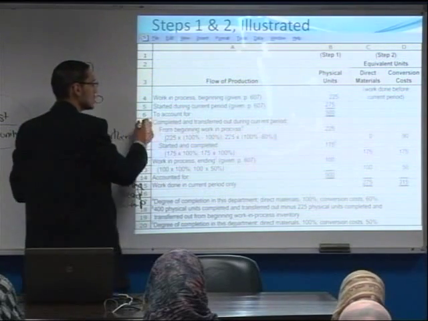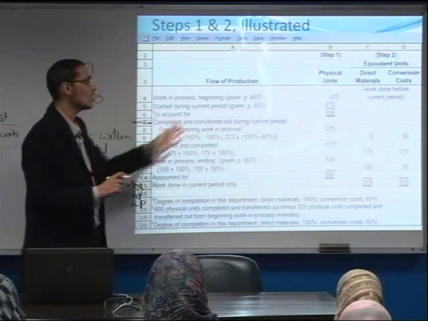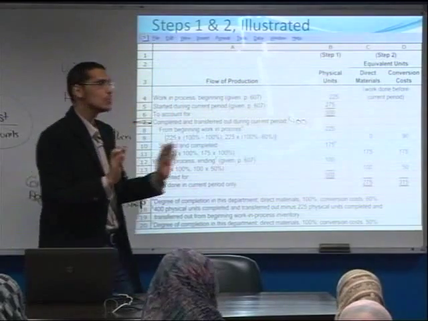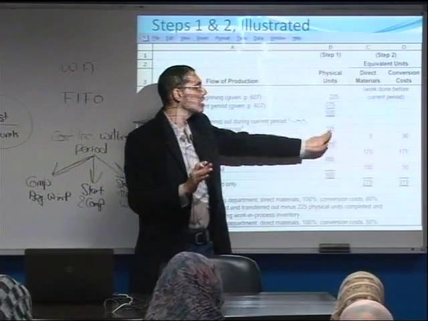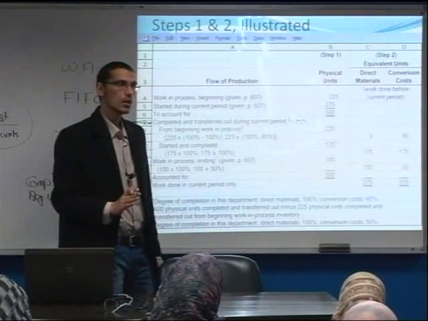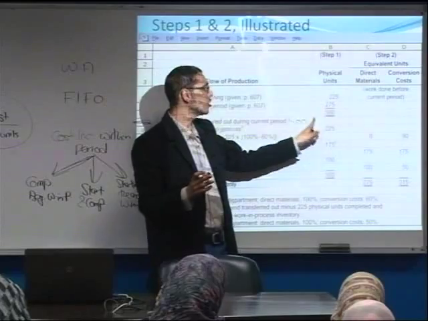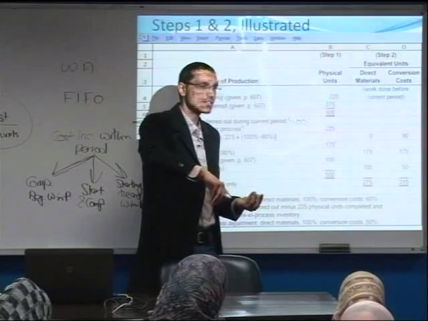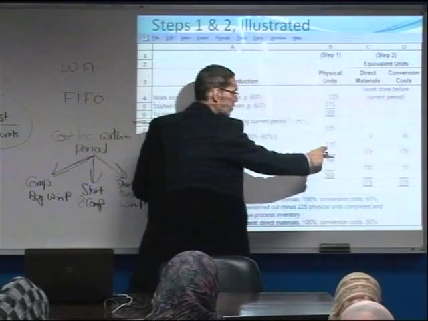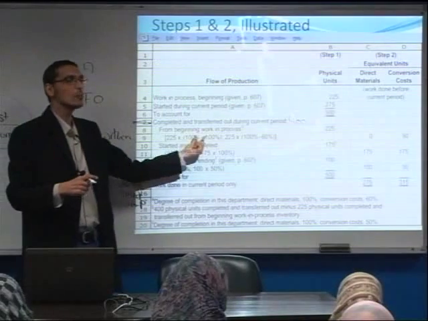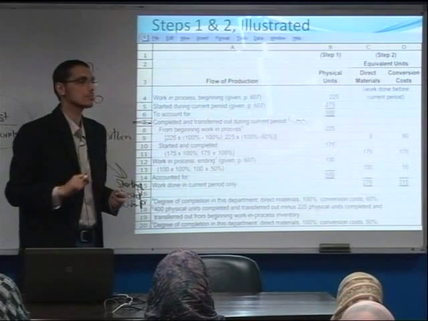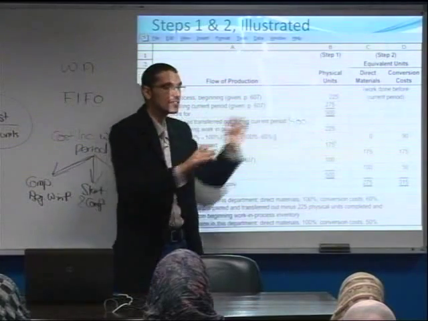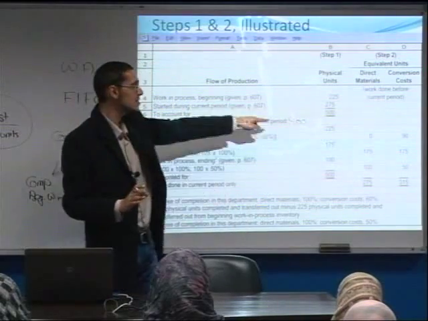Therefore, first of all, we need to designate the completed and transferred out, which are the 400, correct? From the 400, we assume that the 225 from the beginning inventory is first completed. Therefore, in order to complete the 400, we need to start and finish another 175, correct? Therefore, 175 are started and completed within this period. The 175 plus the 225 equal the 400 that are completed and transferred out. As we can see here, we did not blend.